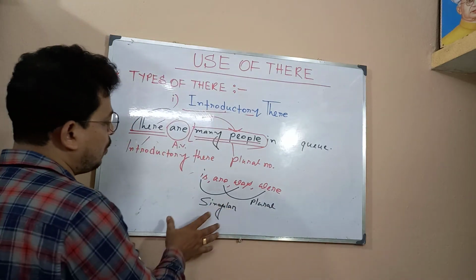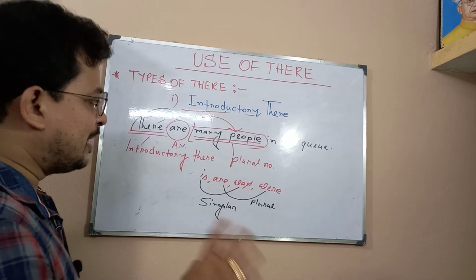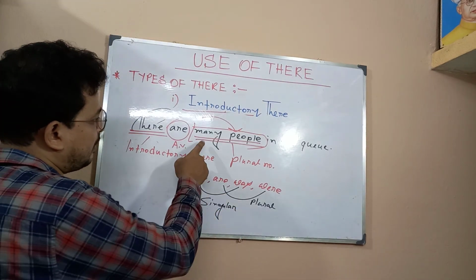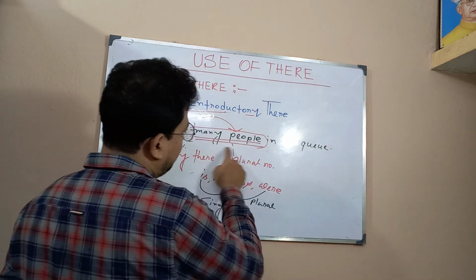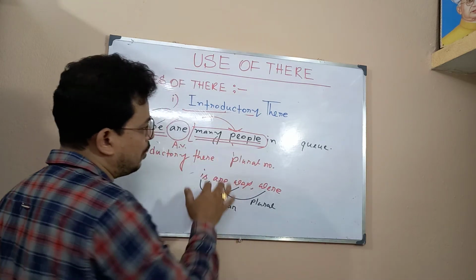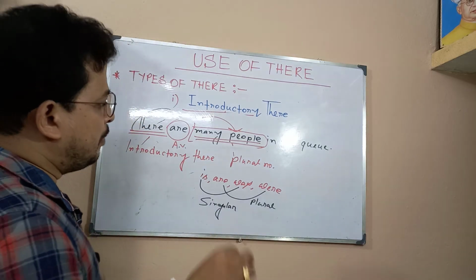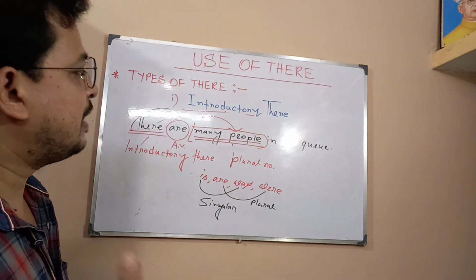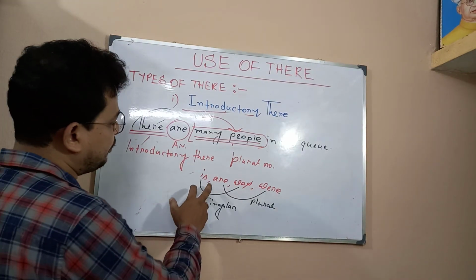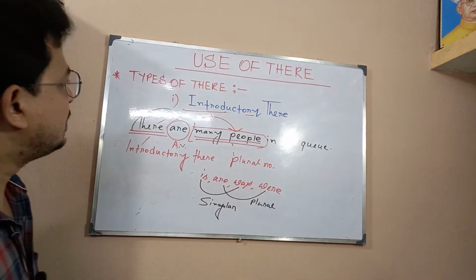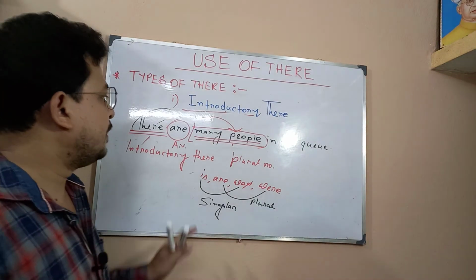So these types are classified as singular and plural. How are they classified? By what the subject, the actual noun or pronoun, is after there, by their person and number, it will be particularized. So this is the example of the introductory there.